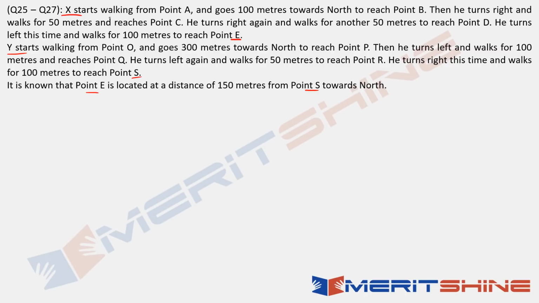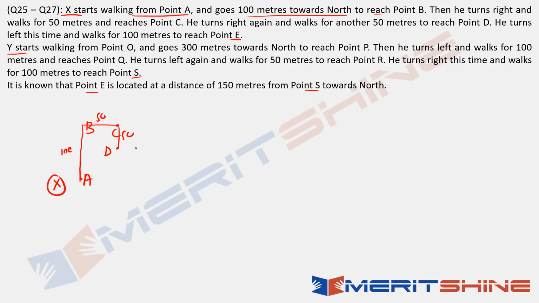Let's trace the path. X starts walking from point A. So this is, let's say, point A, fine. 100 meters north, so this is 100, to reach point B, so let's call it point B. Turns right and walks for 50 meters, so let's call it 50, reaches point C, so this is point C. Turns right again and walks for 50 meters, so this is again 50, this is point D, and we're talking about X here.